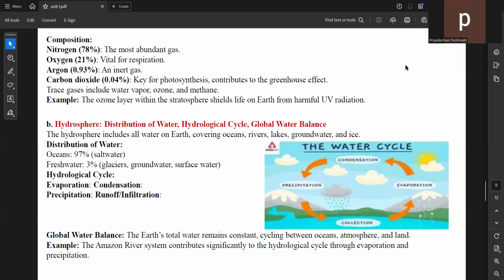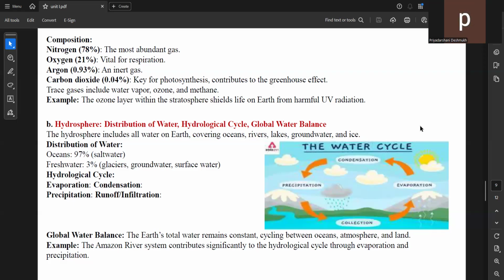Now, the next one is the hydrosphere. As we know, hydro means water, so it includes the water cycle. In the hydrosphere, first is the distribution of water, then the hydrological cycle, and the global water balance. The hydrosphere includes all water on Earth, covering oceans, rivers, lakes, groundwater, and ice.